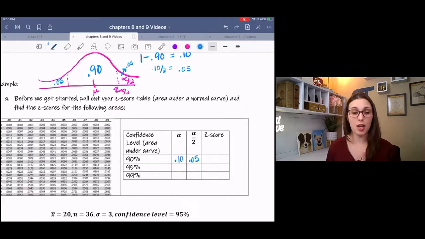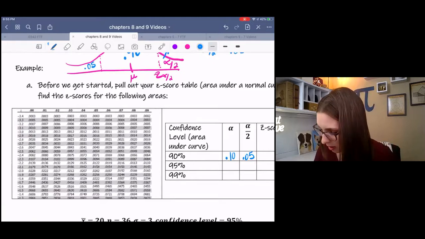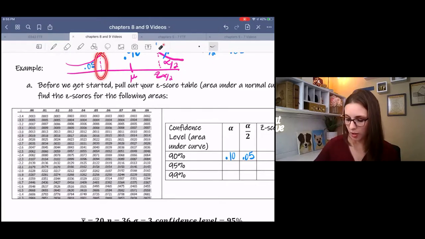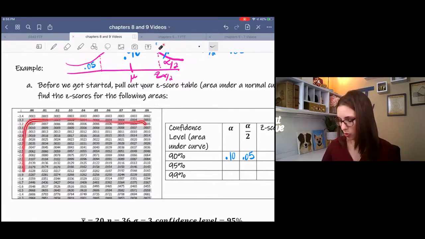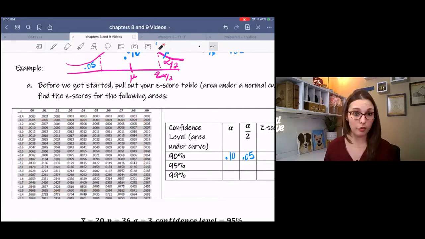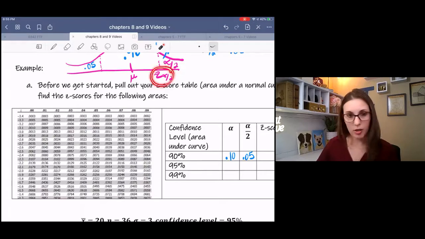I have my table here. We could find the z-score knowing that 0.05 is to the left, because remember, these areas represent area to the left. We're looking for a right tail, but these areas are areas to the left. So we could find the z-score associated with this area, knowing that it's actually going to be positive.